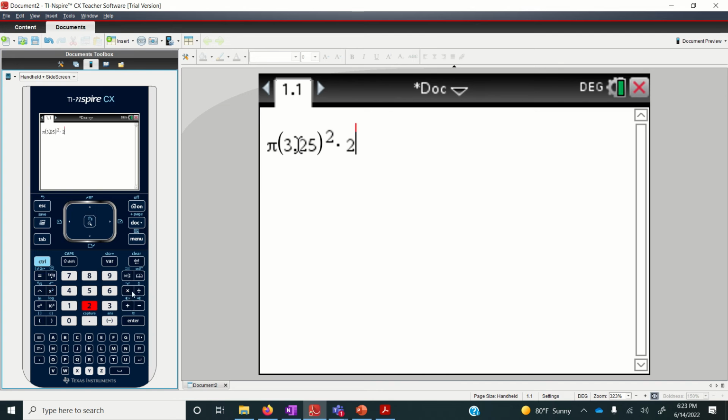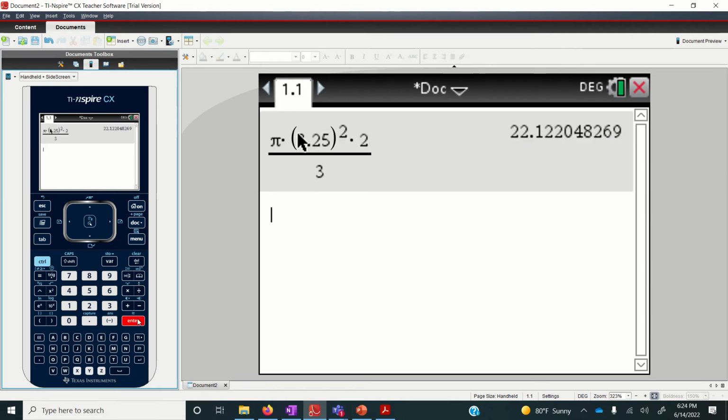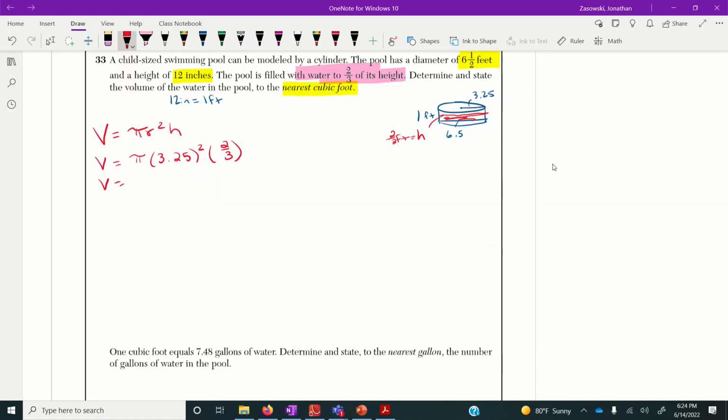You can either do 2 over 3, or remember, control divide brings the fraction bar into play. All right, and if you do 2/3 like this, that's fine as well. If you want to just do the division bar, it does do order of operations for us, so it's still going to bring it there. And then we're rounding to the nearest cubic foot, so that would be 22 cubic feet.